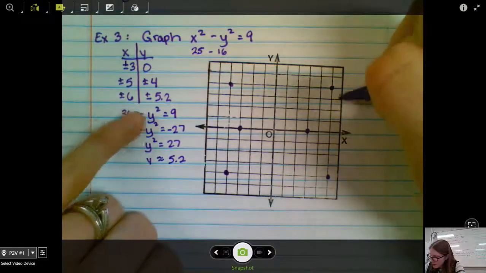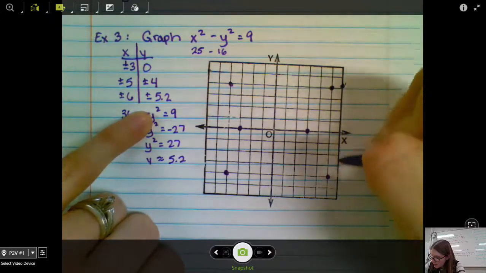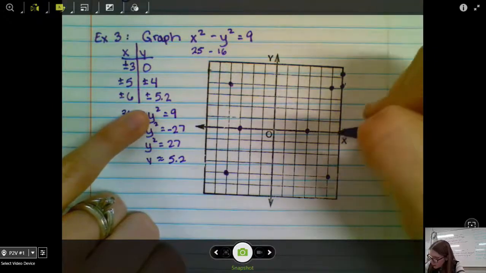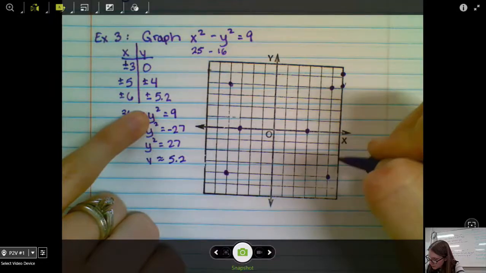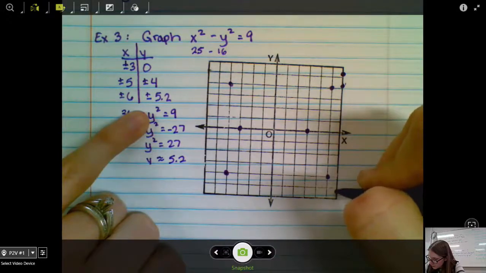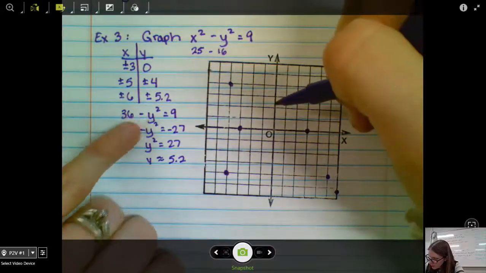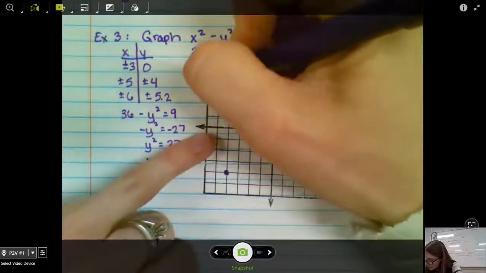So positive 6, 5.2, positive 6, right up here, negative 5.2. Oh, shoot, this point was wrong here.